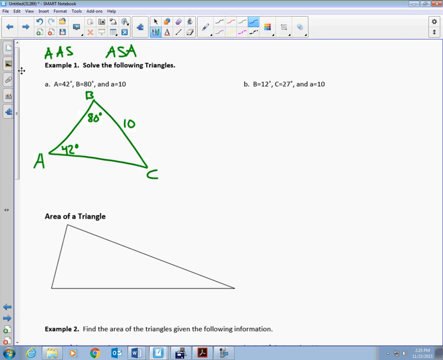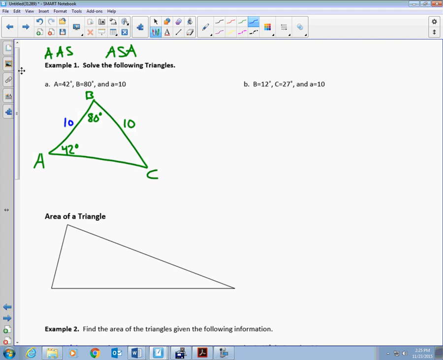Does the side sit between the two angles or does it sit outside the two angles? So therefore, it's angle, angle, side. If the 10 sat there, it's between the angles, so it's angle, side, angle. Do you see the difference? So you have to be able to determine that when you write these things out.